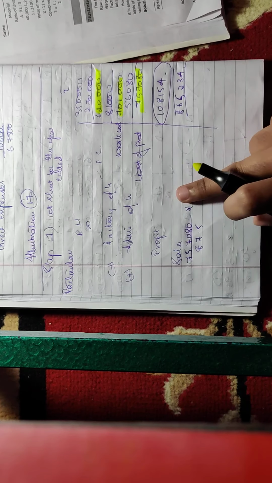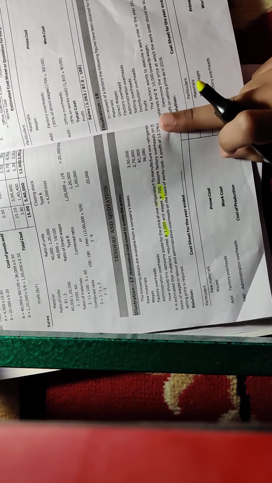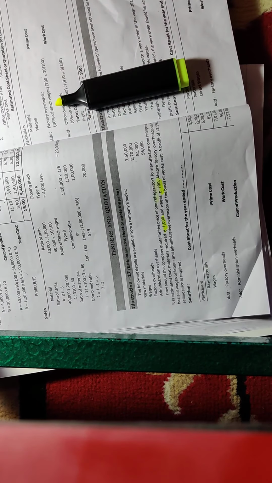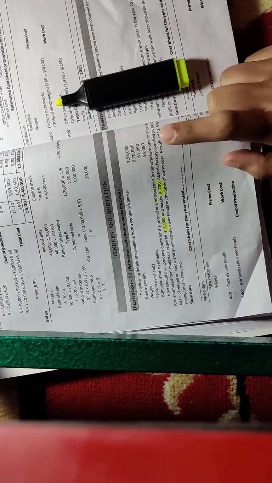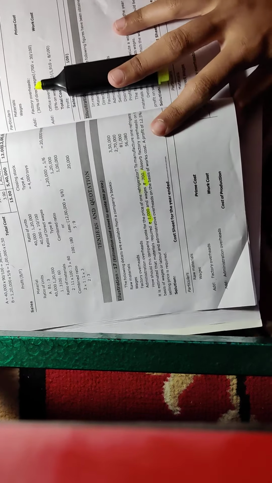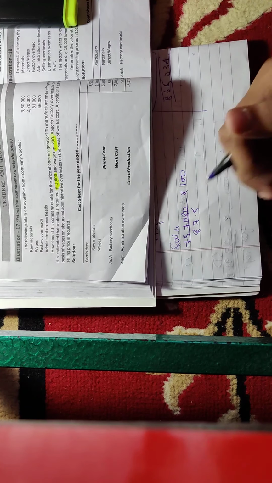Then profit amount is not given to you, it says sales. If you see in the question, a profit of 12.5% of the selling price is required. The percentage of profit is given to you, but the percentage of sales is not given, neither is the amount of sales given to you. So how do you calculate your sales amount?